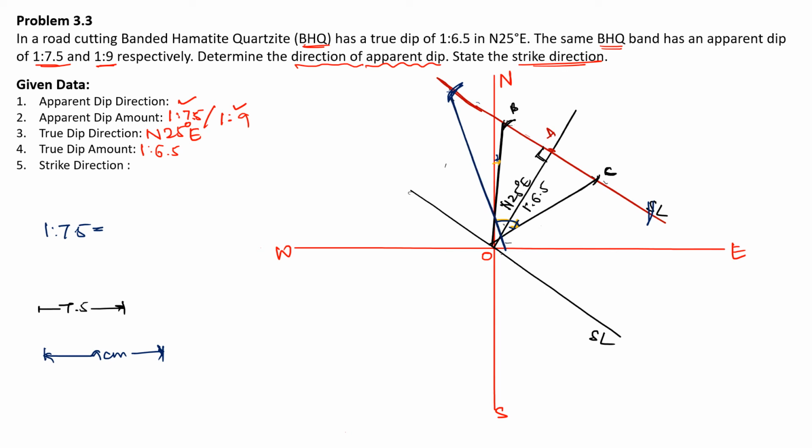This should be from the O point. Is this joined correctly?